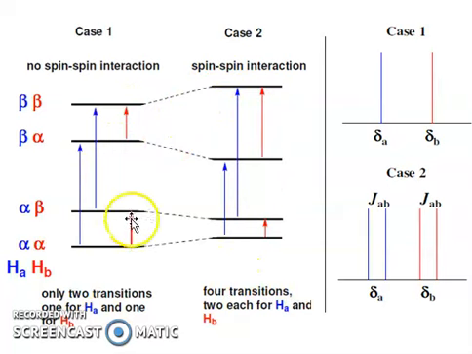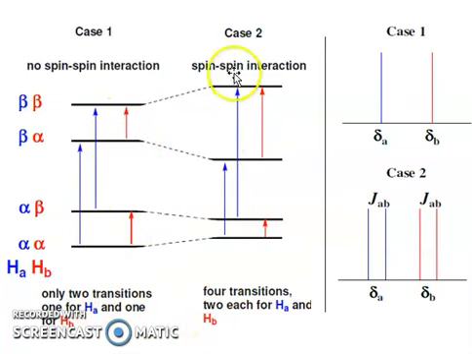Here also we have four transitions, but these two transitions have the same energy, and these two have the same energy. This corresponds to the HB proton, and this corresponds to the HA proton. The color itself indicates it: HA proton blue, HB proton red. So the energy is the same, so we get only two transitions.